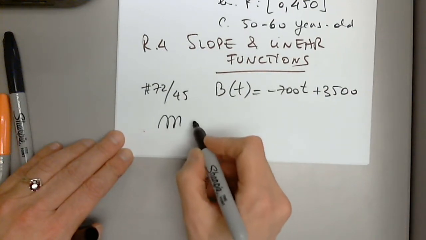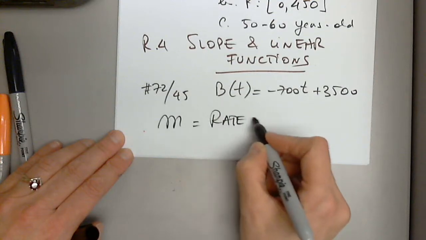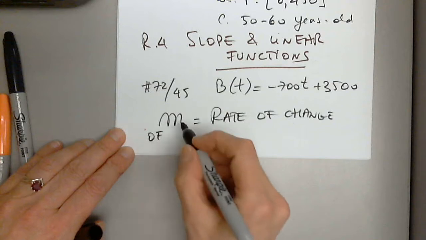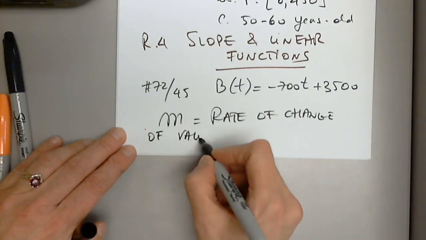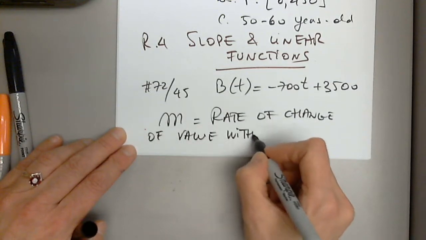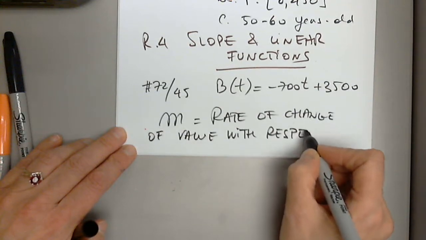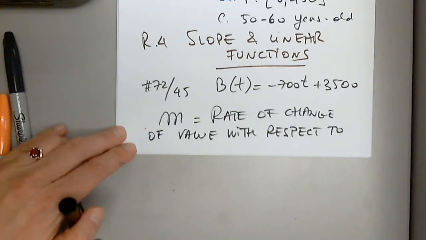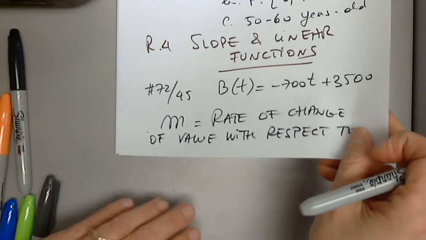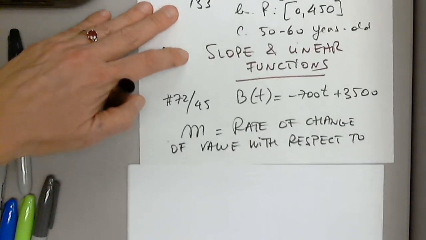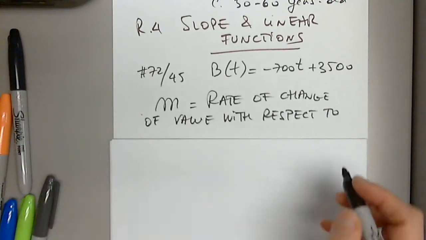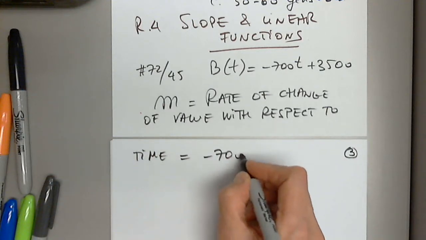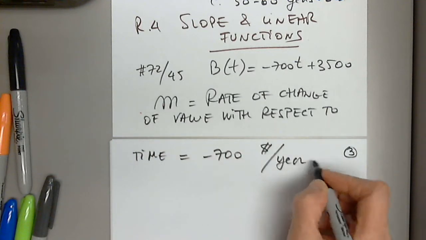We know that the slope, or the rate of change of value with respect to time, equals negative $700 per year.